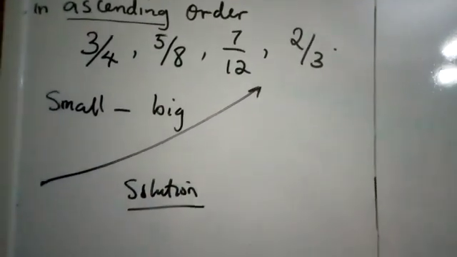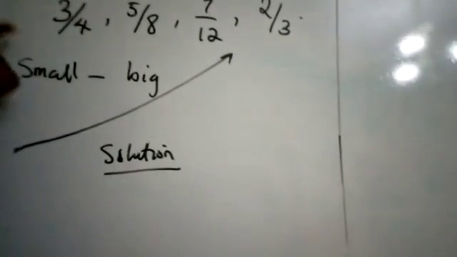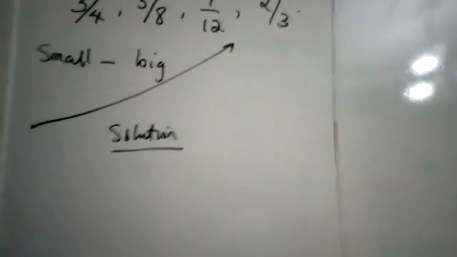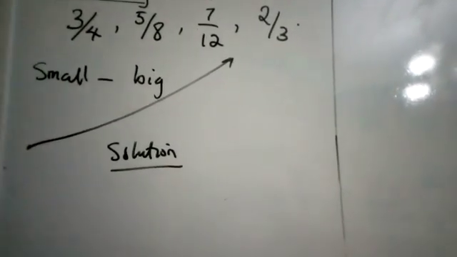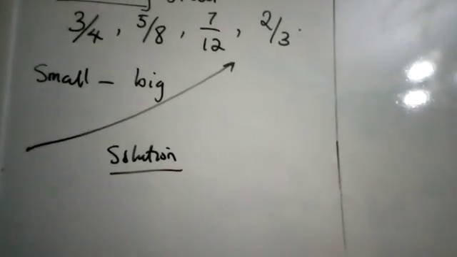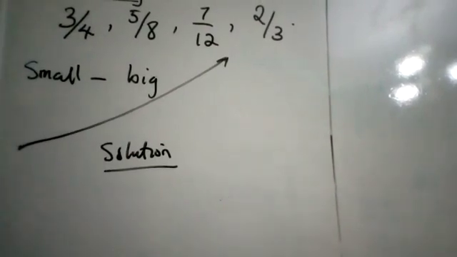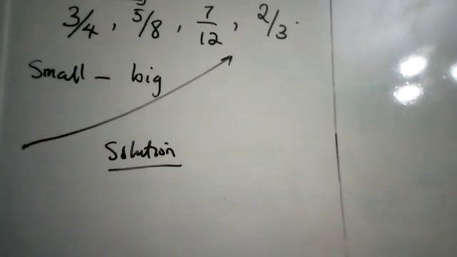Now the fractions we have here are 3/4, 5/8, 7/12, and 2/3. The first thing we are going to do is to look for the common denominator, the lowest common denominator, that's the LCD.